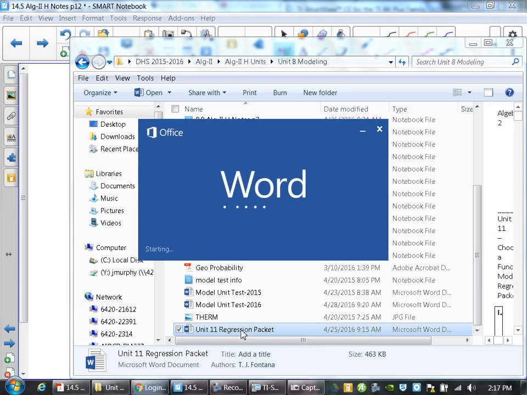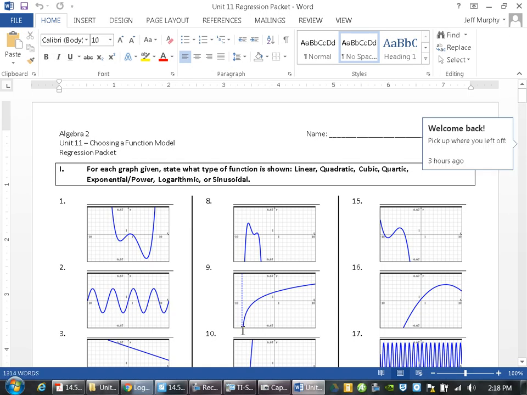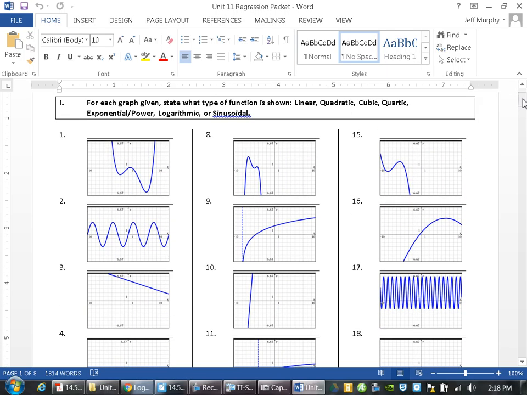One of the things you have to remember is when you're dealing with polynomials, if you have a third degree polynomial, up to how many changes in direction could it have? 2. How many zeros could it have? 3. So when we start looking at stuff like this, if I'm looking at number 1, I see that I have 1, 2, 3 changes of direction, which means it's going to be a quartic.